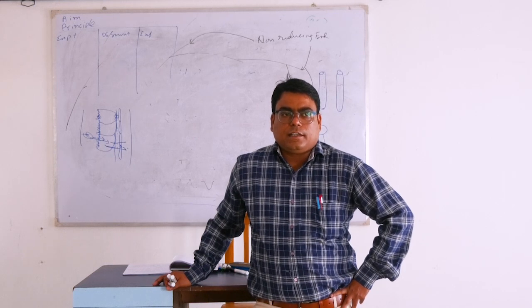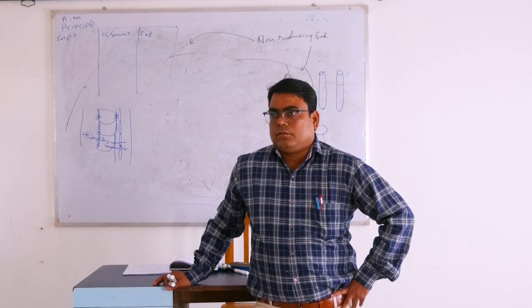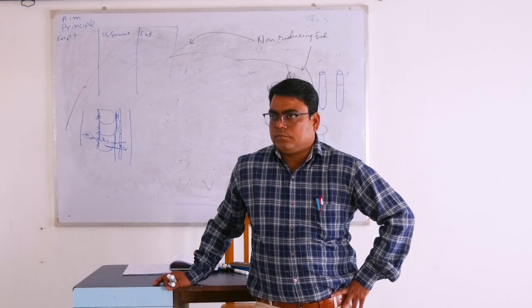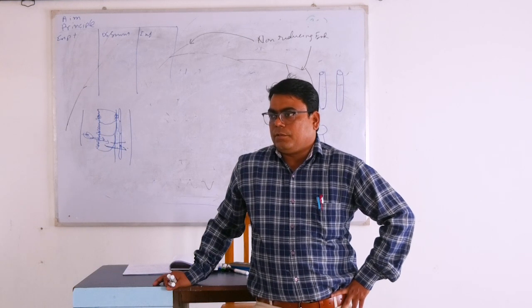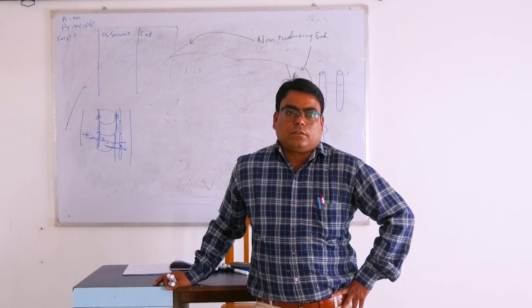Urea, uric acid, creatinine, urobilin. So all these are what? Normal constituents. And we can divide them into 2 types: organic constituents and inorganic constituents.